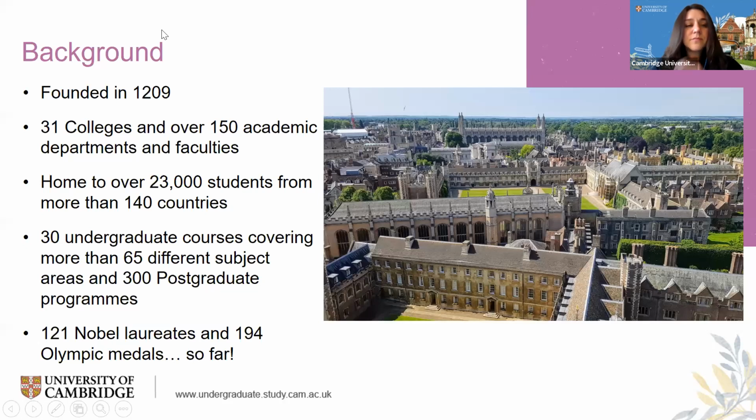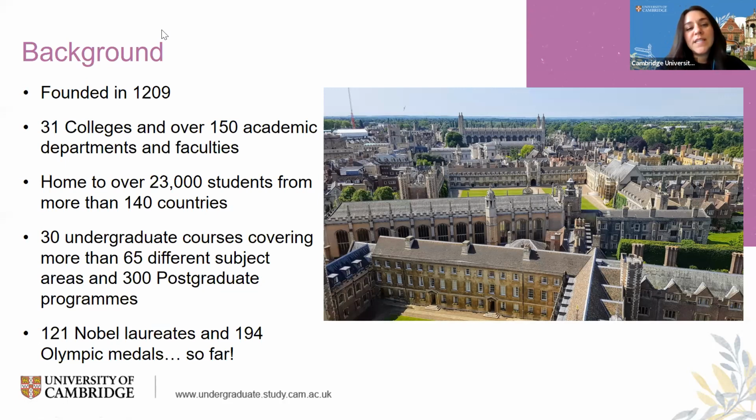So, the University of Cambridge, let me tell you a little bit about our background. We were founded in 1209, so we are one of the oldest universities in the English-speaking world. We comprise 31 colleges and over 150 academic departments and facilities. We are a large university in the UK in size.